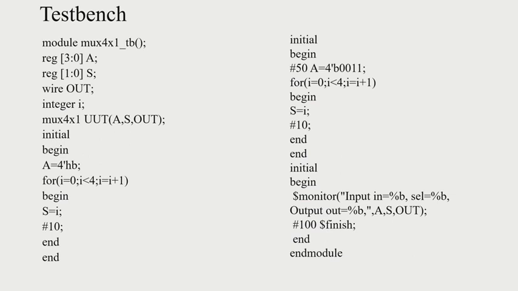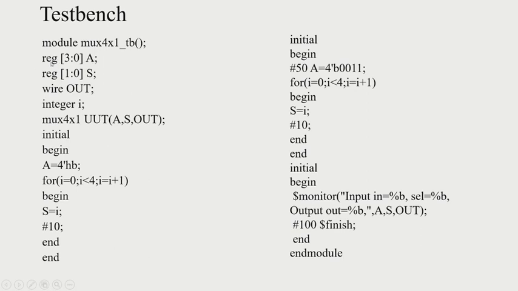Okay, now we have to write a test bench. For the test bench we can specify the module name as mux 4:1 tb. In a test bench, we have to specify the inputs as reg variables and the output as a wire. In the 4:1 multiplexer stimulus, the input acts as a 4-bit variable.